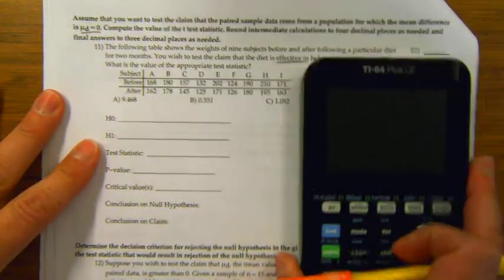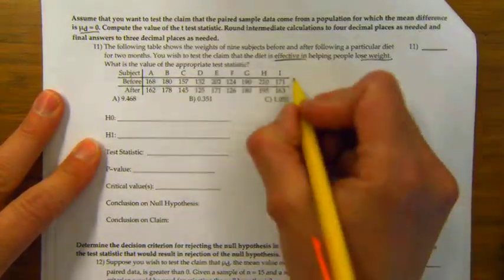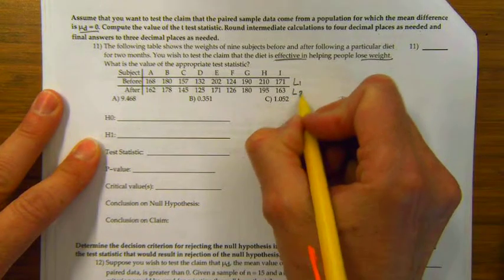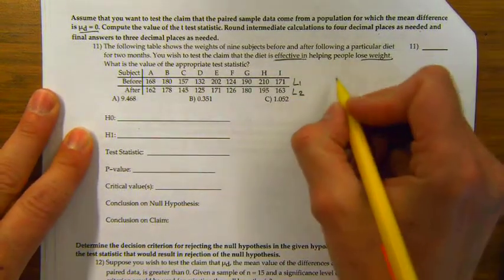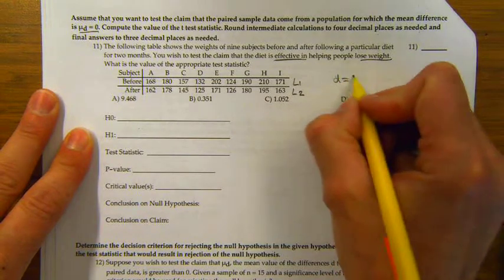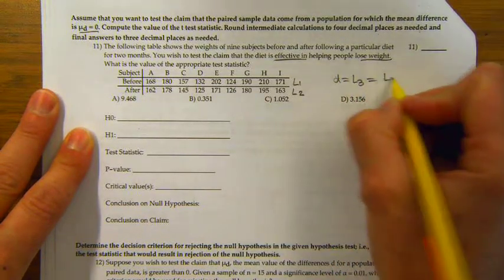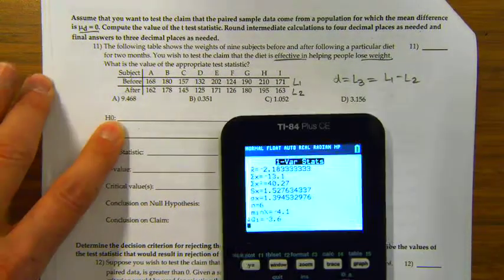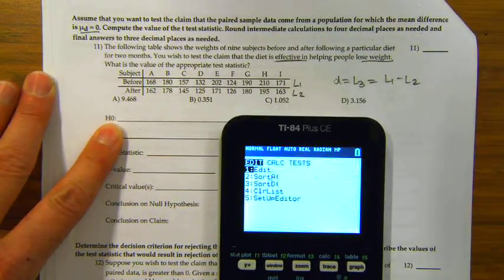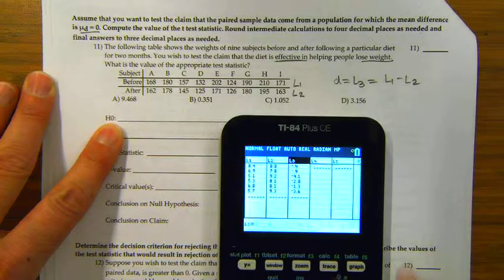So I want to first start by putting the before data into list 1 and then the after data into list 2. Then we're going to find the differences and put them into L3 by doing L1 minus L2. So let's put in our data. Stat, edit, make sure you clear out your lists.